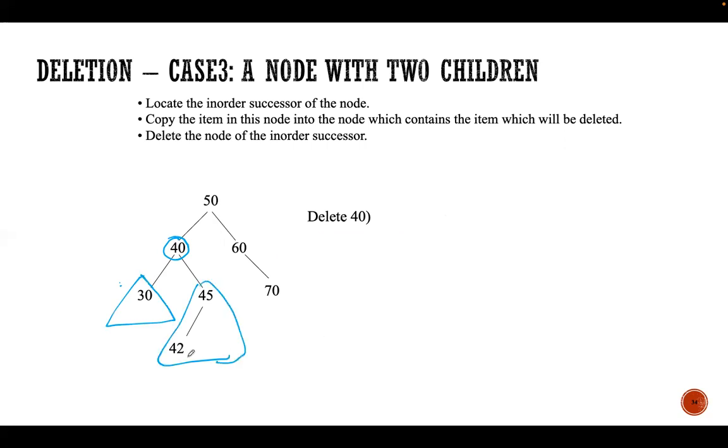Now let's see what we are going to do. We are going to pick the smallest node in the right subtree.